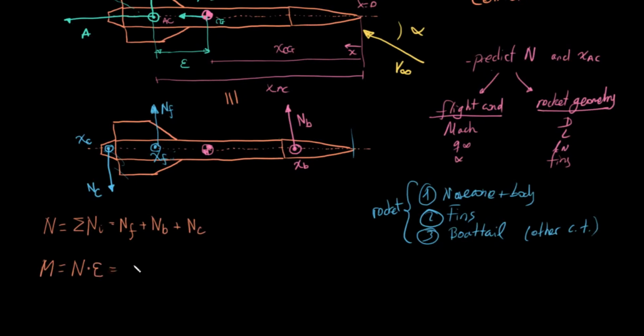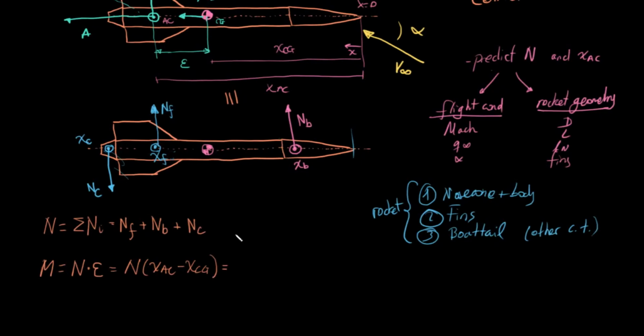So the moment is M equals N times epsilon, which we can now call the distance from the aerodynamic center to the center of gravity. This is equal to all the moments on this system.